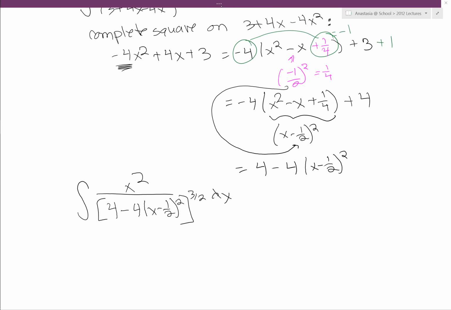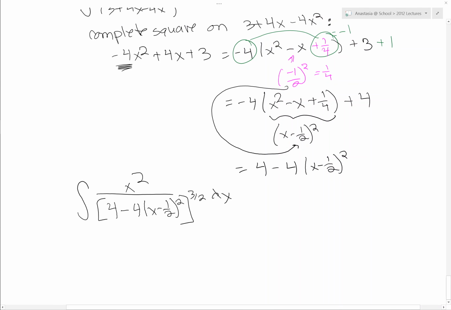So we have a constant being squared minus some function of x squared, so it's the a squared minus x squared form, which means that you're going to have a sine function, but you need to figure out what else you're going to have in there.